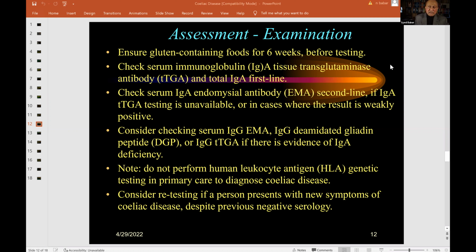It is considered unnecessary at this stage to do HLA genetic tests in the primary care in respect of diagnosing celiac disease. If the symptoms suggestive of celiac disease persist, whilst the test is controversial or negative, then the tests need to be repeated after an interval of time.